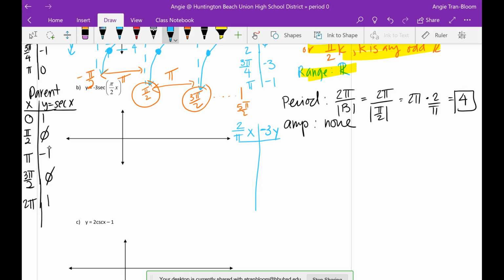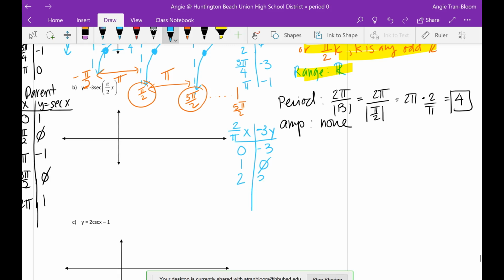Alyssa, first ordered pair with the transformation, please. What is it now? Very good. Okay. Grant, next ordered pair with the transformation. Yes, very good. Sophie, third ordered pair with the transformations, please.